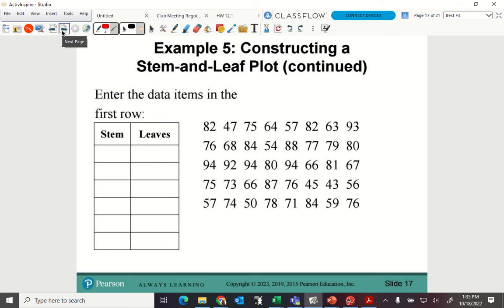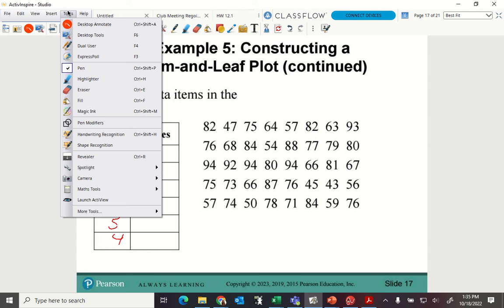So it's going to start off with the stem, and we're going to work the same data that we had, but we're going to work it backwards. So I'm going to start with 90s this time, just because I feel like it. So this is going to be 90, 80, 70, 60, 50, and 40, but we're going to do this on another page.